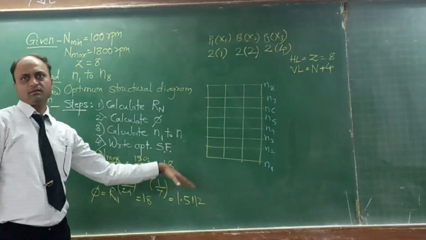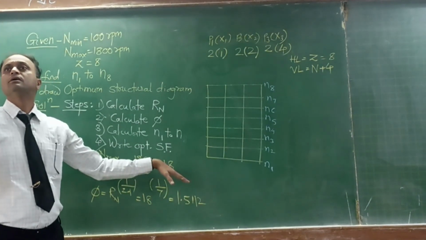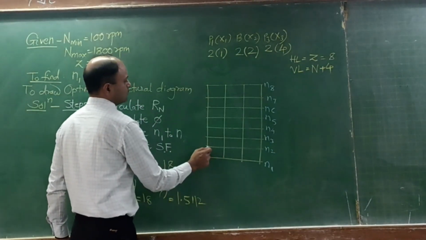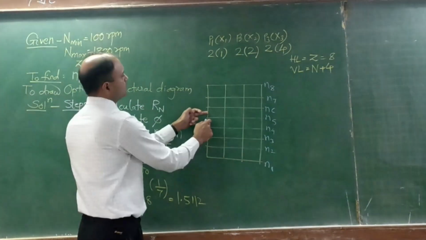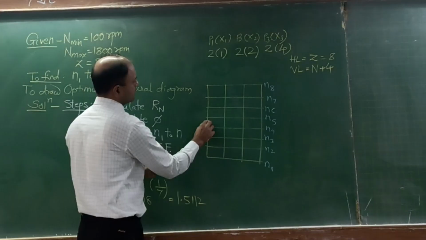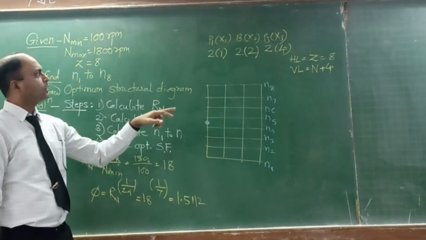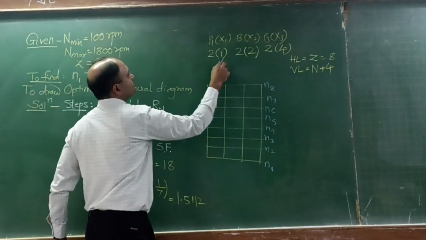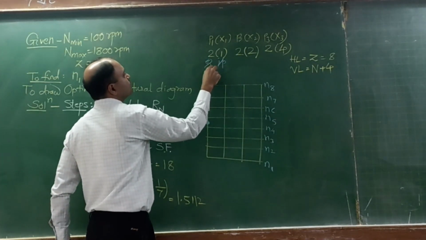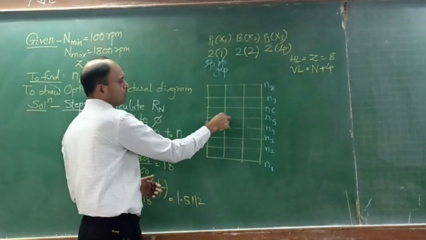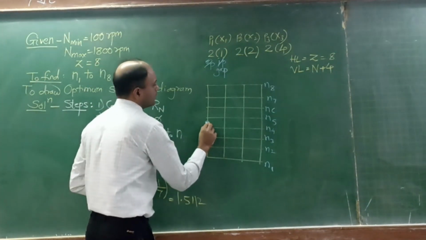Along the vertical line, we start from the midpoint, between 4 and 5. From here we start. 1 input, 2 outputs with a gap of 1.